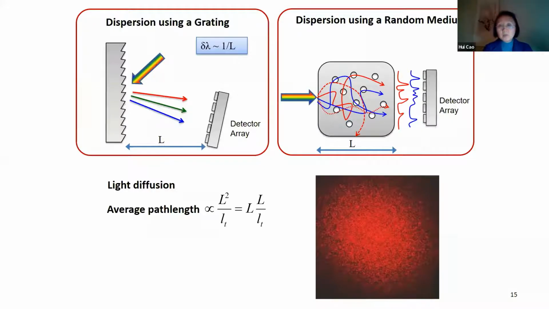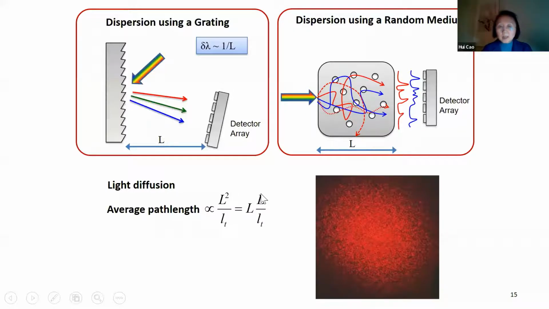So let's consider light going through diffusion in this kind of scattering medium. The average path length scales as L squared over LT. LT we call the transport mean free path or scattering length. It tells us how long light will propagate before it's being scattered. And this capital L is the size of the scattering medium.